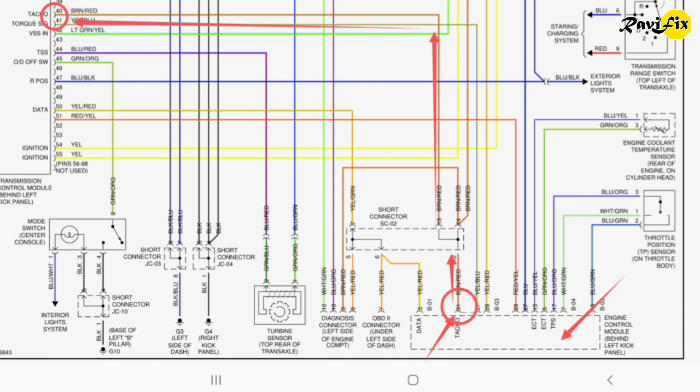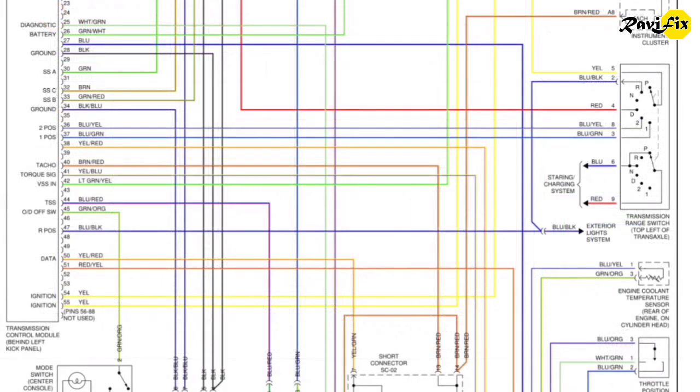It starts from pin 31 in the engine control module. The engine speed signal wire goes through this short connector. Therefore, we have to check the wiring integrity first. At the same time, here is the engine speed signal wire into the tachometer in the instrument cluster. It is clear now that the same wiring connection shares the engine speed signal with the transmission control module and the tachometer in the instrument cluster panel.